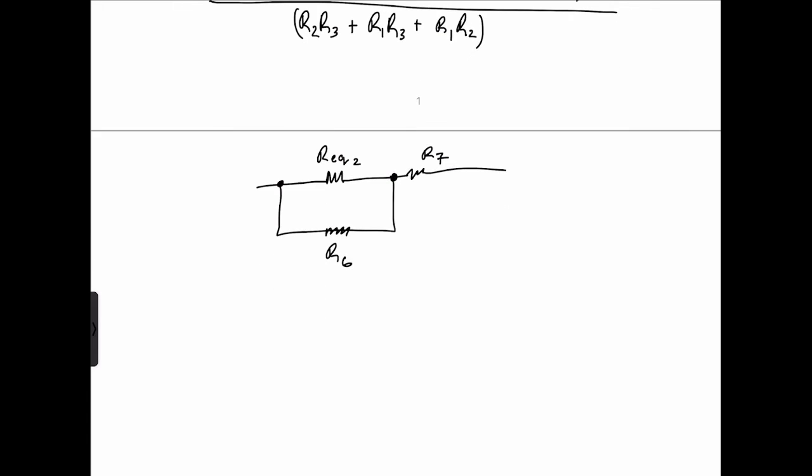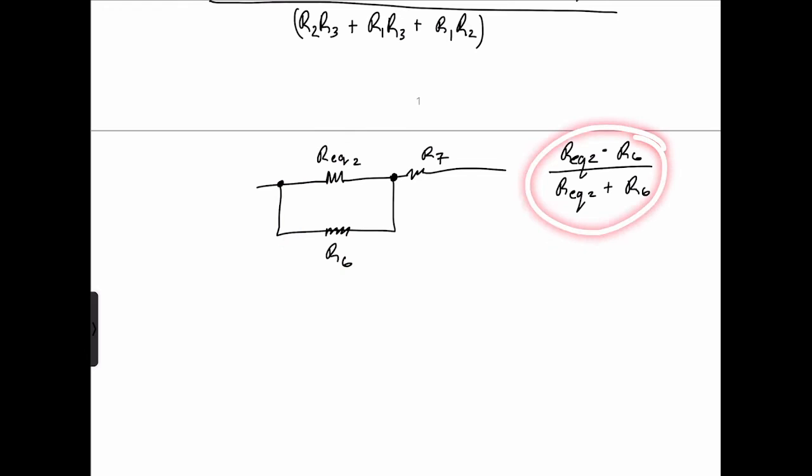We're going to use the formula for two resistors in parallel. So basically we're going to have R equivalent 2 multiplied by R6 divided by the sum of both. And that is for these two resistors in parallel.